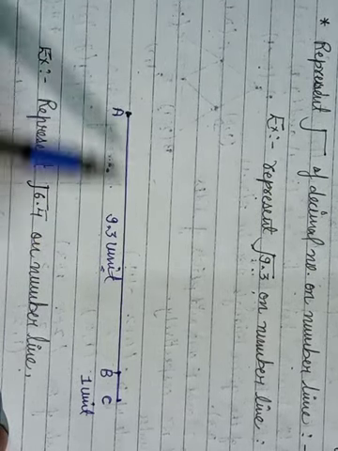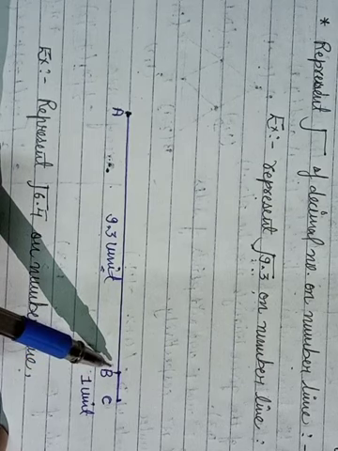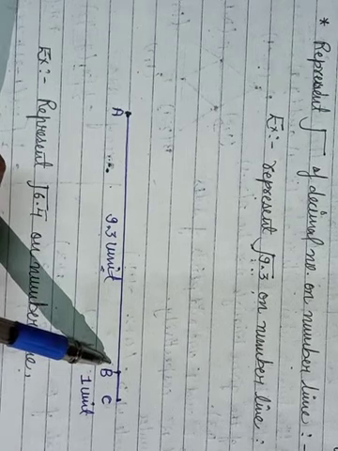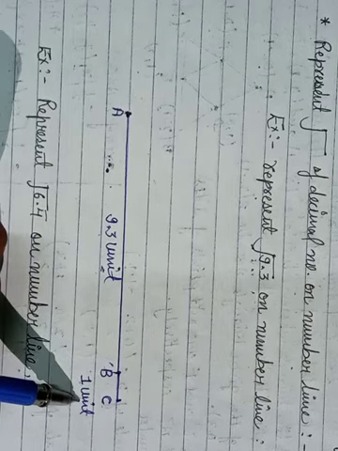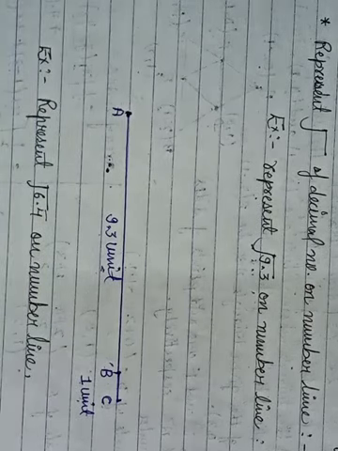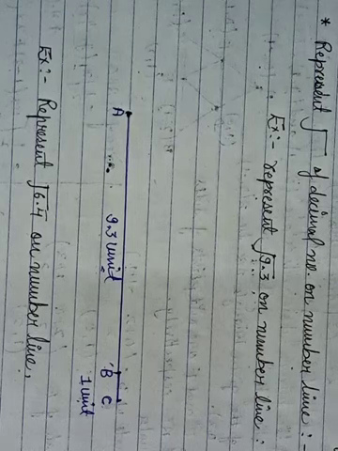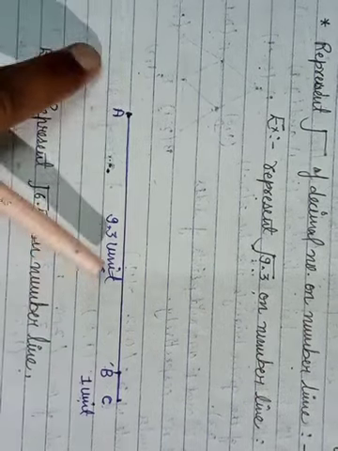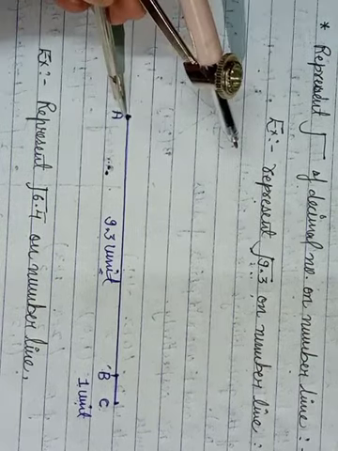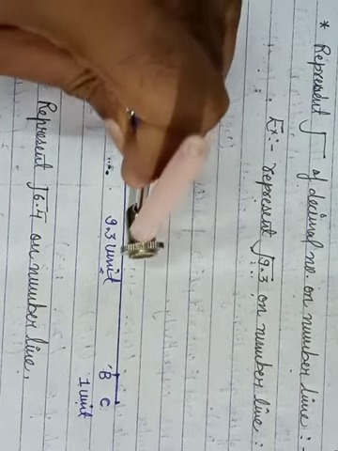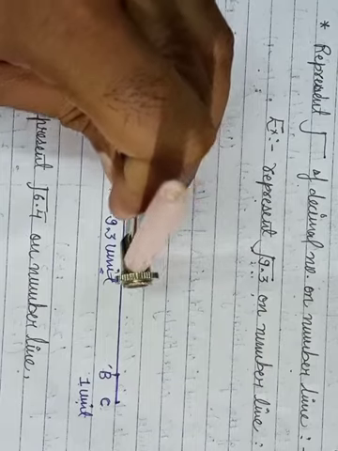Is that clear? Now after that, from point B extend the line such that BC will be 1 unit. Is that clear? Now we will find the midpoint of AC. Open your compass more than half and cut the bisector here.